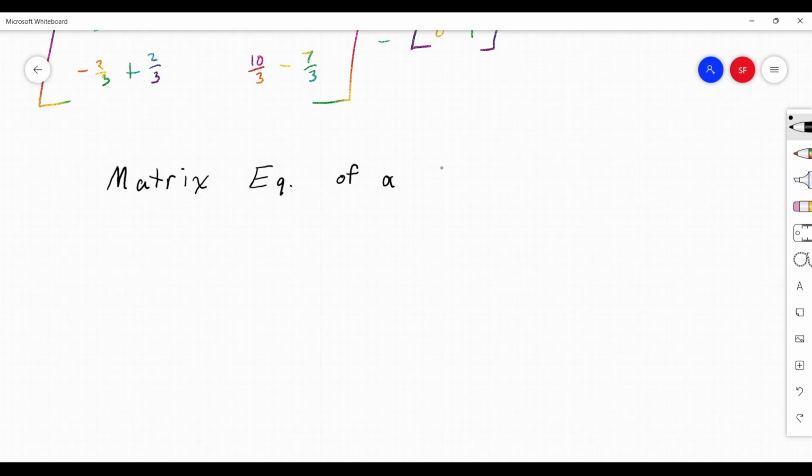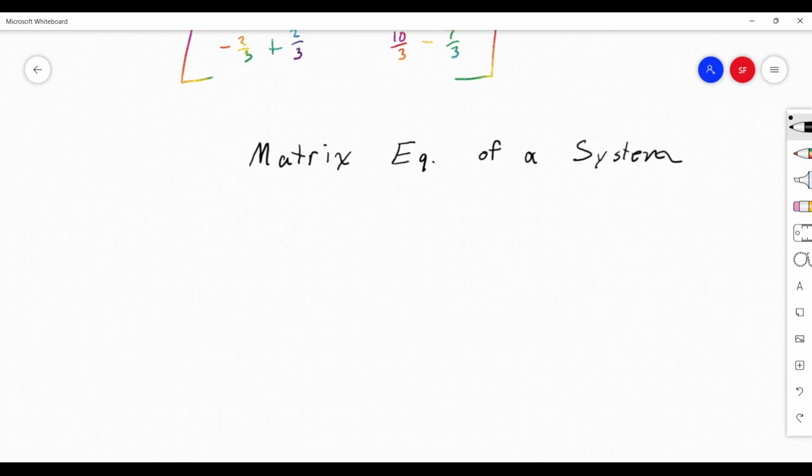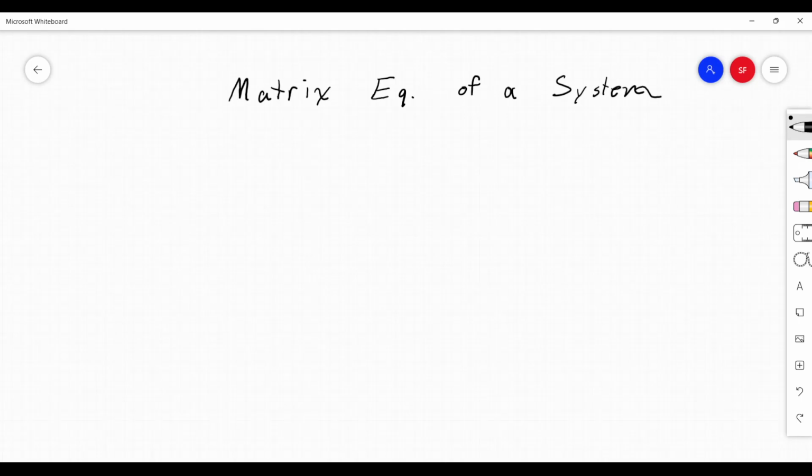Matrix equation of a system. We're going to illustrate it with an example.